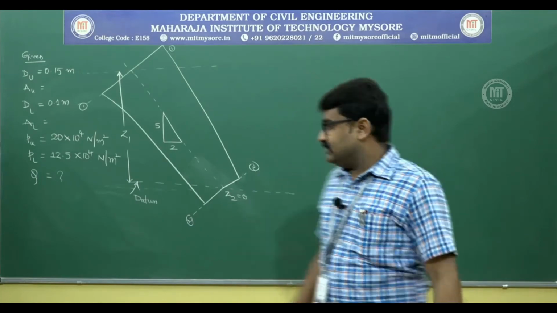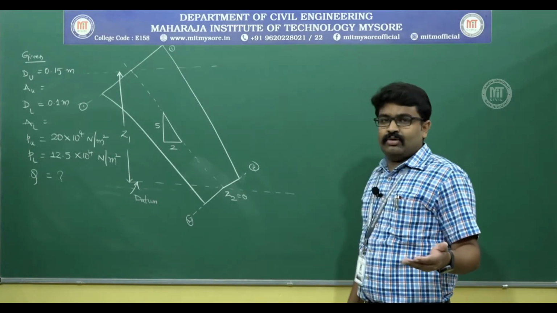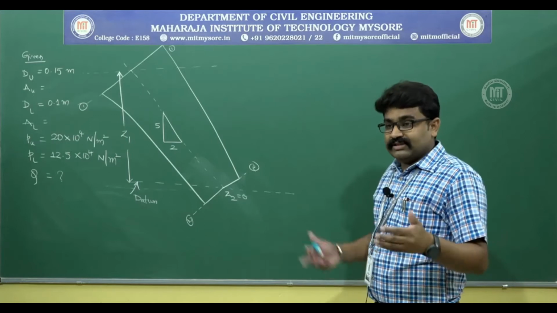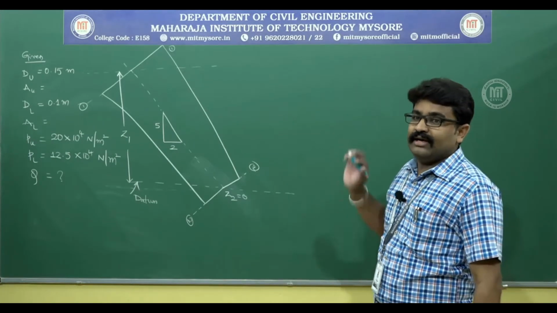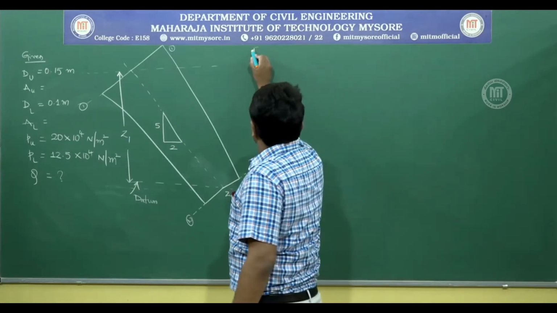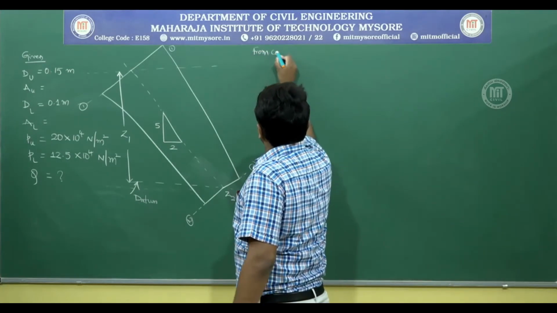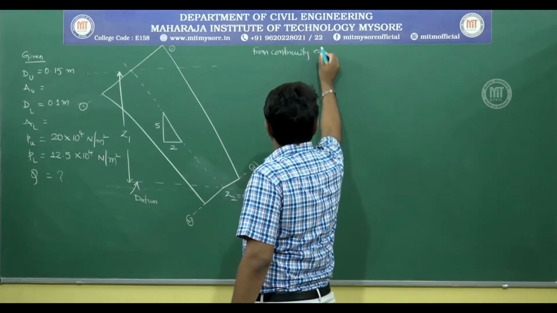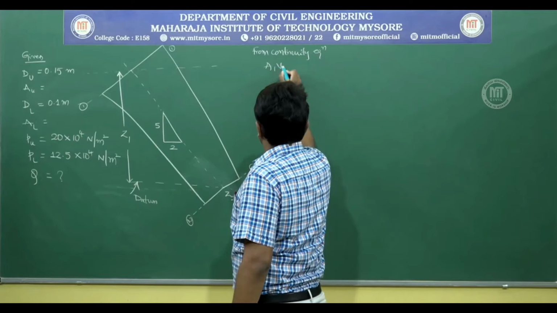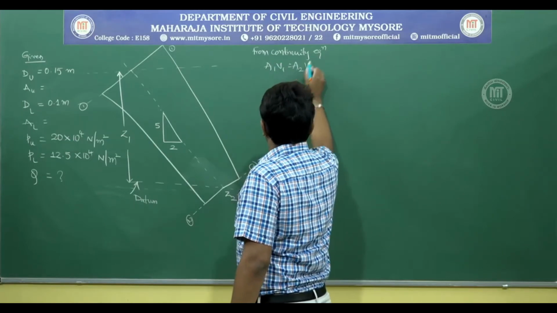Now prior to going to Bernoulli's equation, since I know what are all the things that I need to find out, I will start with continuity equation. From continuity equation, A1 V1 is equal to A2 V2.